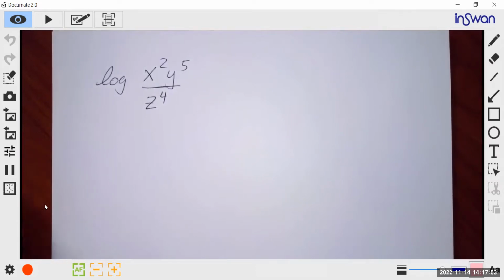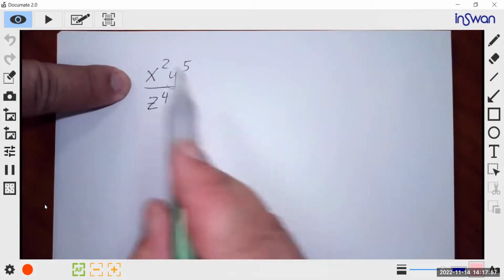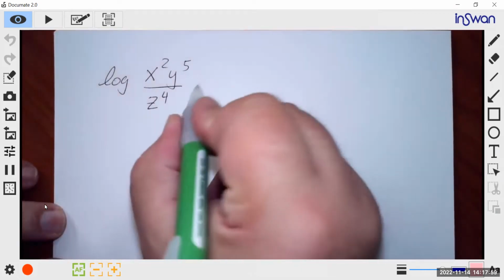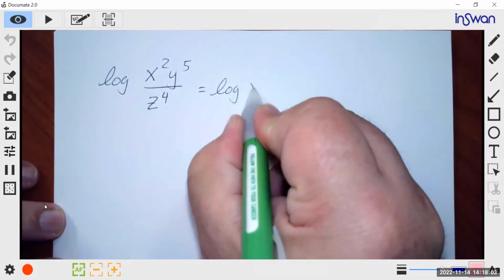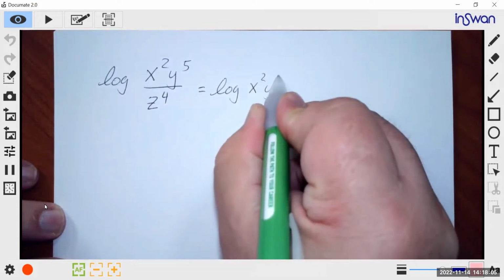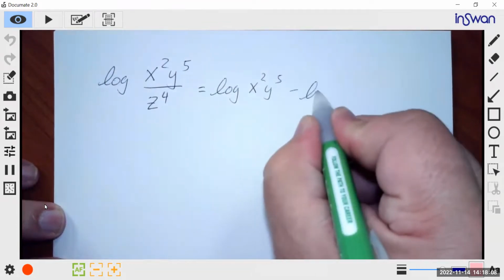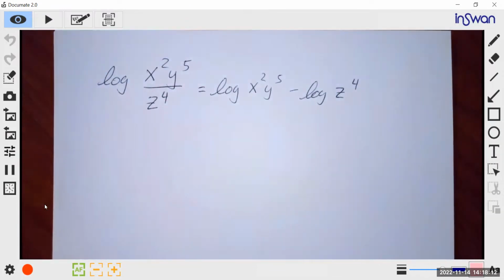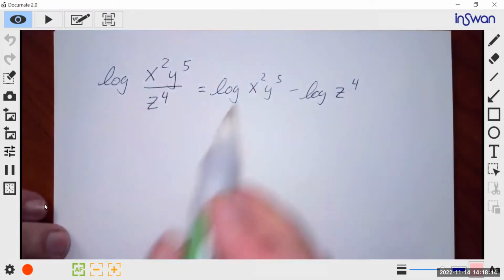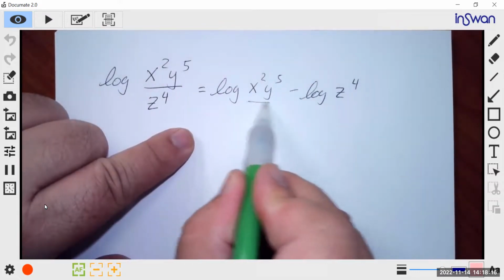Okay, the first thing you see is what kind of equation is it? What do you see here first? It's a quotient. So how do we fix a quotient? Take the top number minus the bottom number. That's the first thing we see. Okay, now we see a product.